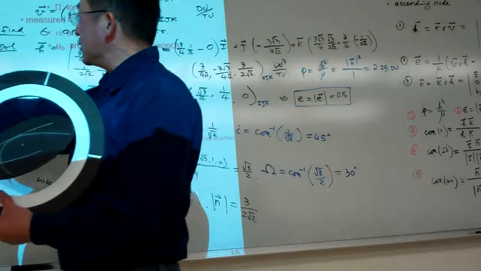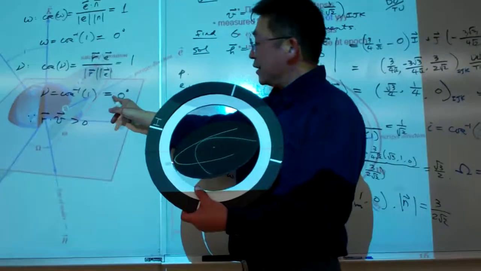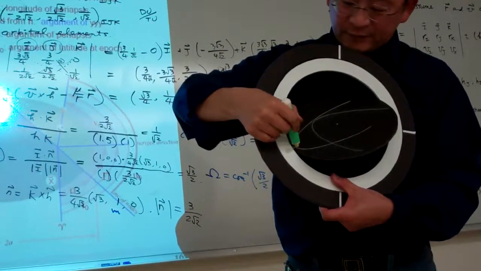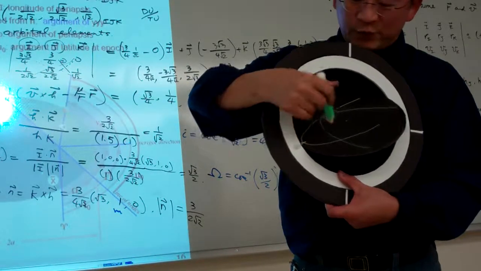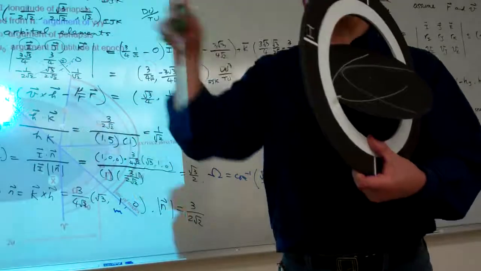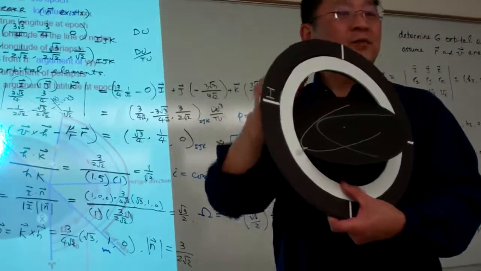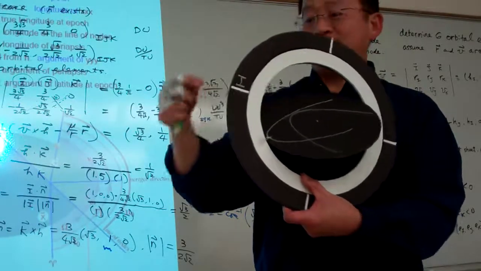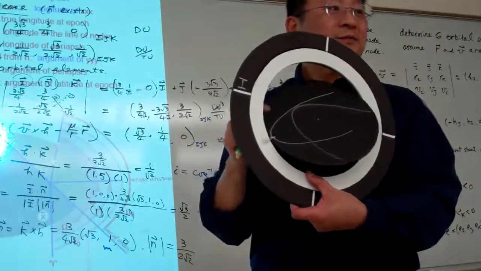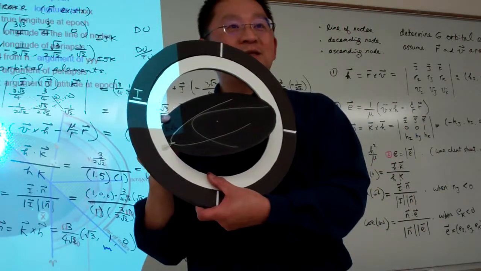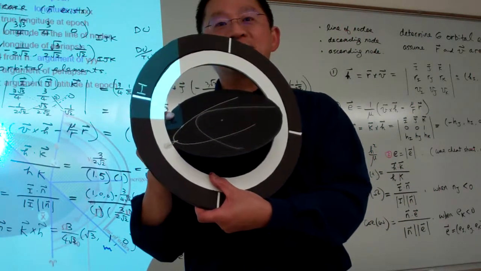And then the true anomaly is 0 degrees, so that means right now the object is right here. Of course, the orbit here I couldn't expand, but you need to imagine the orbit is larger than the equatorial plane. Basically, try to imagine expanding this one, then that object should be there. So that is the visual sense of this kind of orbit.